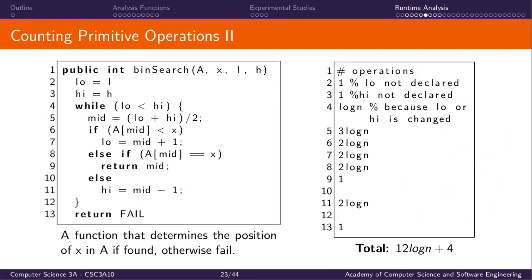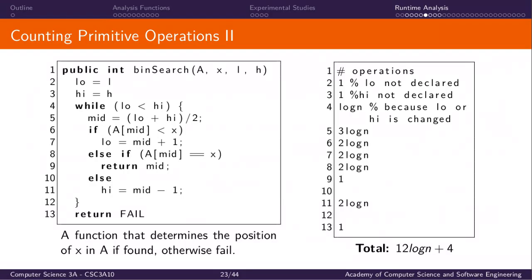All right, so here we want to look at a different example. Again, we have some simple assignment statements in lines 2 and 3. So those simply get a single primitive operation. Then we have our while loop condition, is less than high.